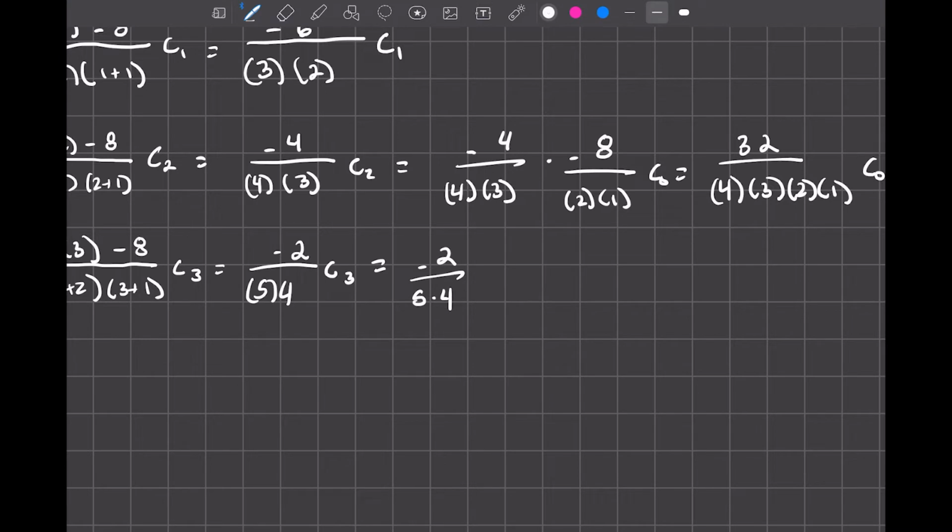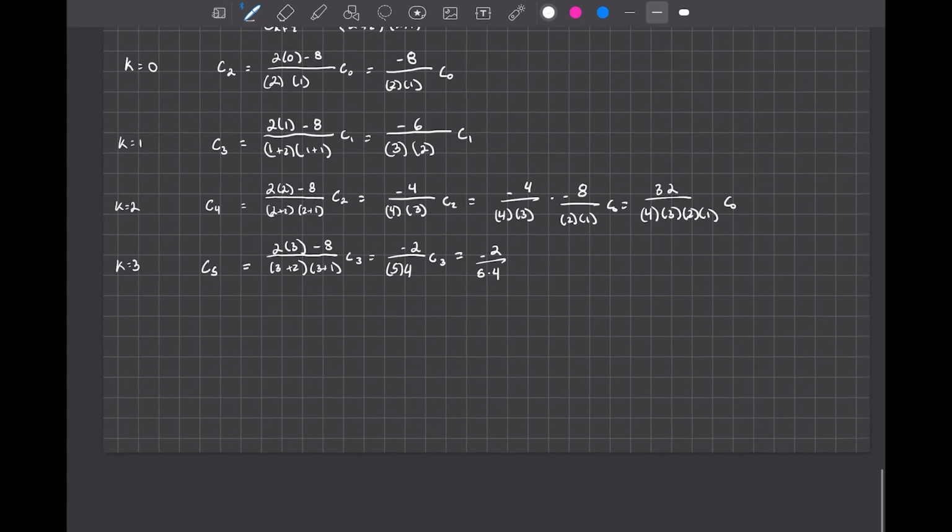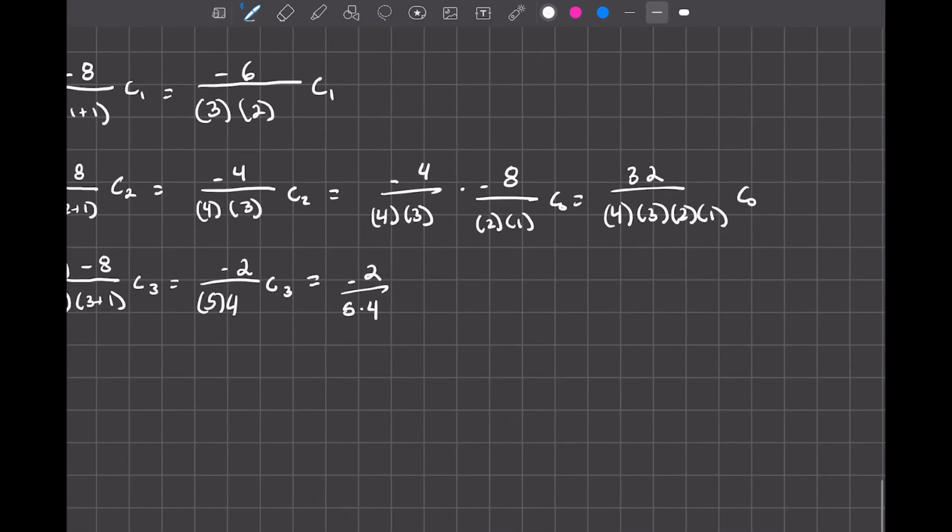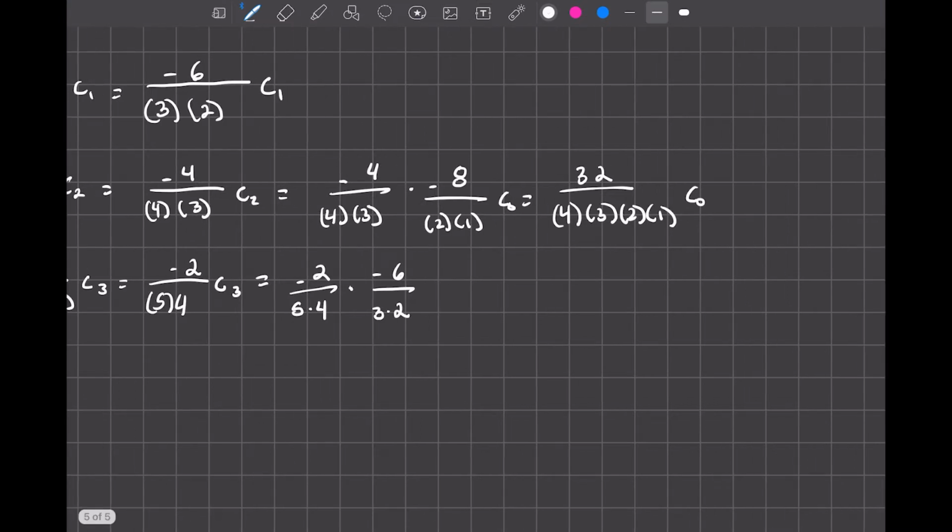And right here, we know what C sub 3 is. So we'll go look at that, which is negative 6 over 3 times 2. And we get C sub 1. And that will equal 12 over 5 times 4 times 3 times 2, C sub 1.